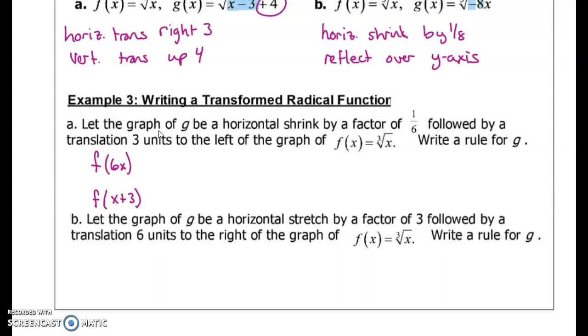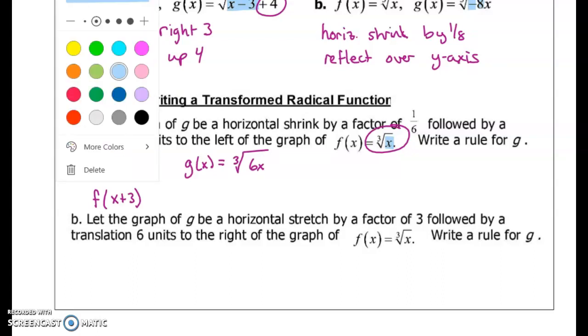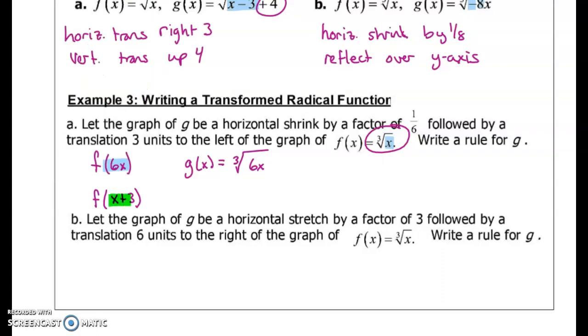So the first thing I'm going to do is, g of x is my new function after the translation. I'm going to take the cube root of x, that's my equation, and then remember, I'm going to plug in 6x wherever there was an x. So in this case, the 6x gets plugged in for x. Now on the next one, I do the same thing, except I'm going to plug in x plus 3 wherever there's an x.